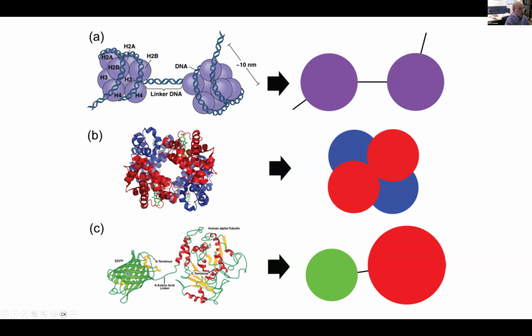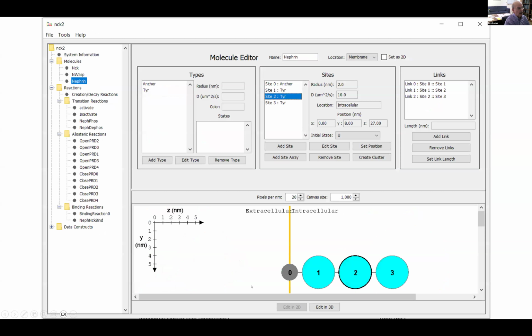Here's hemoglobin. You can model that in more detail if you want, but a simple way to model it would be as just 4 spheres. And here's a tubulin molecule conjugated to GFP, and you can model that as a single sphere connected to the GFP sphere. Now, obviously, you can use more than that.